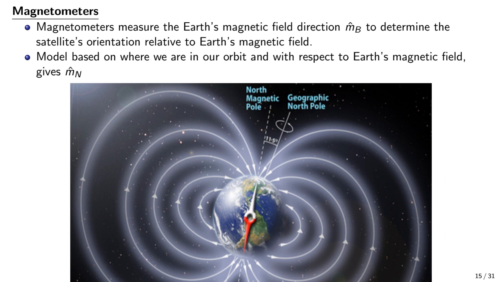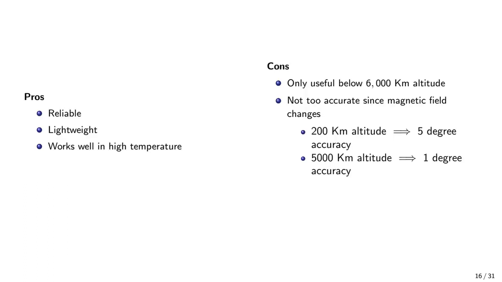Here are the pros and cons for magnetic, that's a magnetometer. It's reliable, it's lightweight, it works well in high temperature. Those are the pros for it. However, it can only be useful when you are taking measurement in LEOs, when you are operating in a low orbit space.